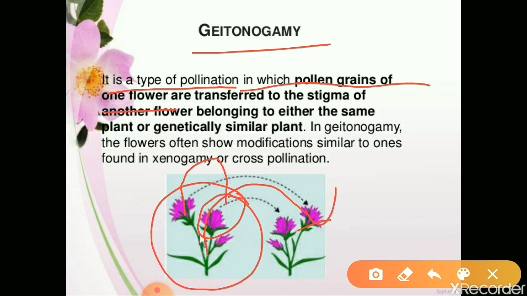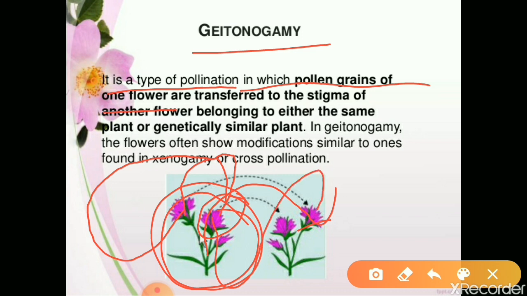During geitonogamy, what will happen? The pollen grains of one flower will transfer to the stigma of another flower belonging to either the same plant or a genetically similar plant.